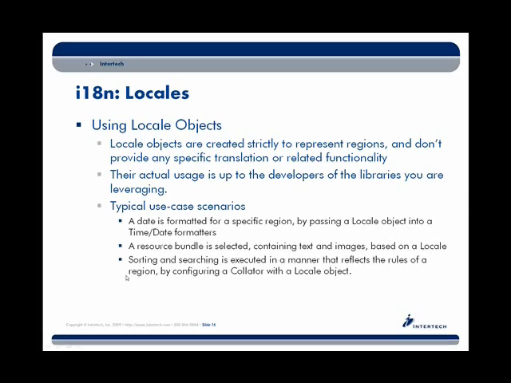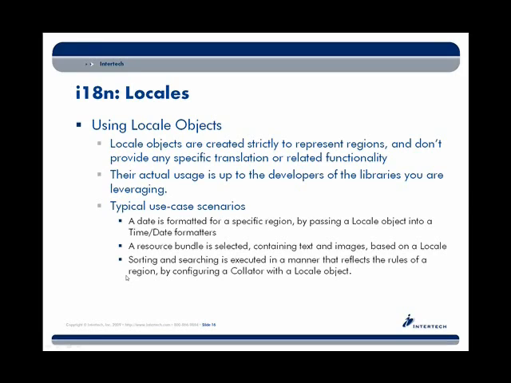But it doesn't really delegate to the locale object. It doesn't call things in the locale object necessarily. There's a few helper methods and properties that are available, but again, typically it's just going to be like a label, like a name tag, so that you can look it up and say, what locale does this user want? Okay, I'll grab that appropriate information. So the actual usage is up to the developers of the libraries you are leveraging.